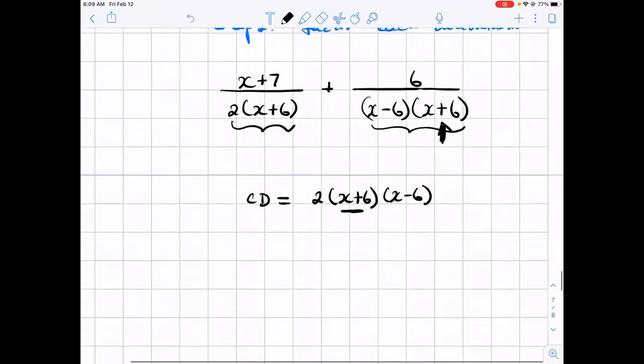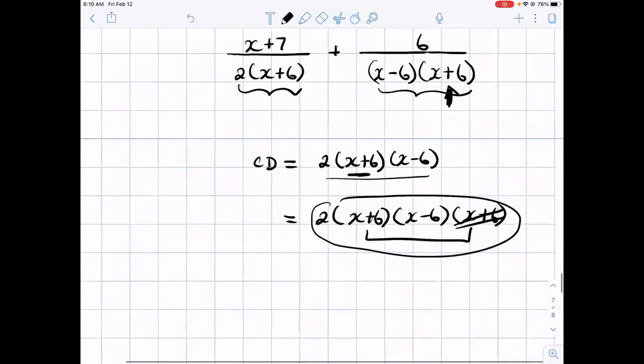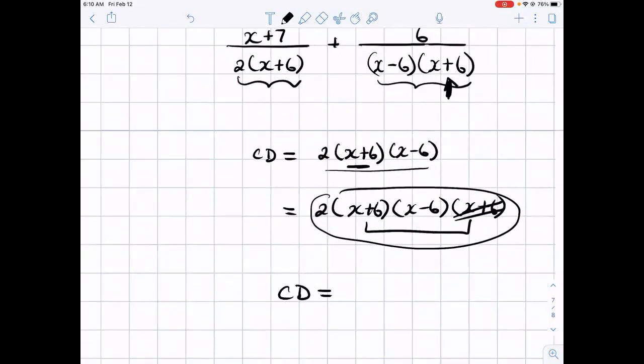So we only write it once. Or you can write everything out and take out repeated. Right? Notice that if you write 2 parentheses x plus 6 times the x minus 6 times the x plus 6, any repeated, you only write it once. So either this way or this way. Regardless, the common denominator is 2 parentheses x plus 6 times x minus 6.